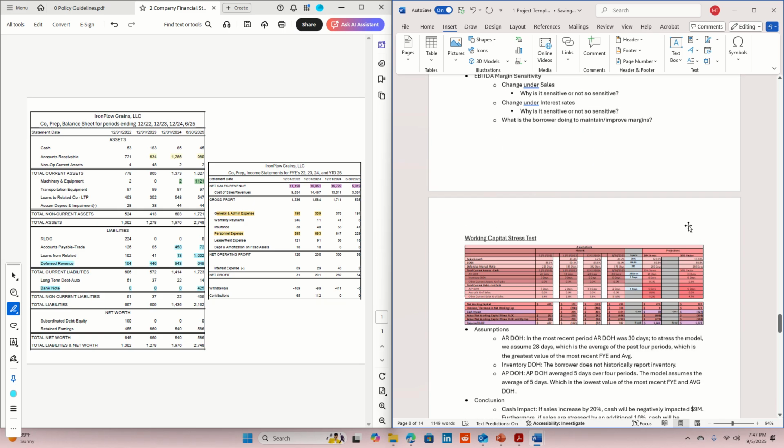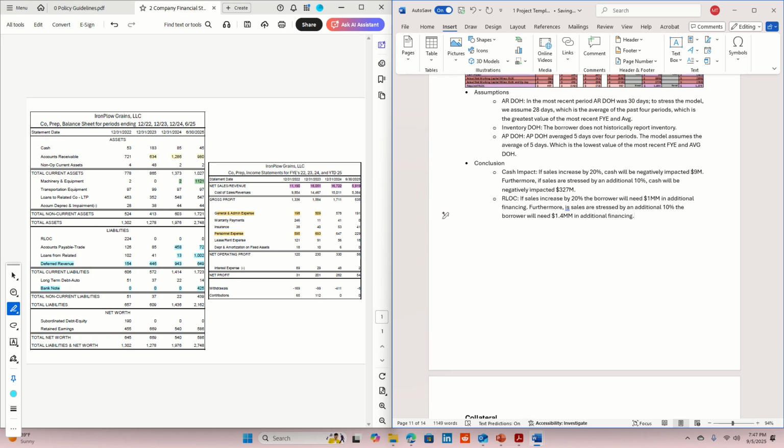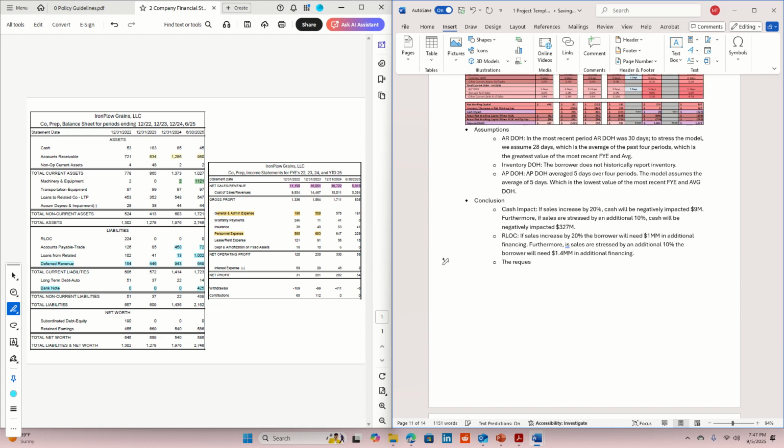Let's come down to our working capital stress test and add one more comment: the requested $1 million line of credit is sufficient to support working capital needs.